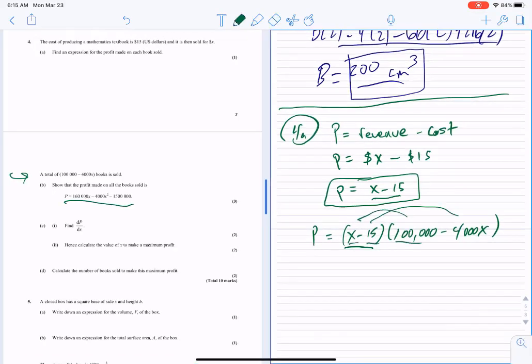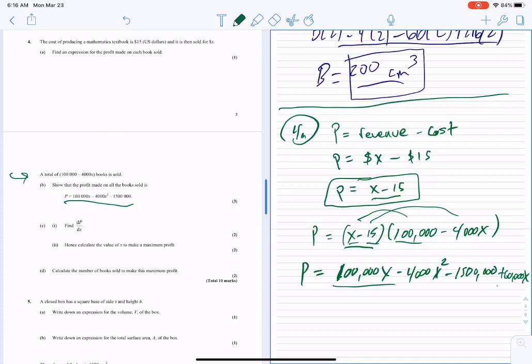So we'll go ahead and do this foiling operation here. x times 100,000 is 100,000x. x times negative 4,000 is negative 4,000x squared. Negative 15 times 100,000, we could call that negative 1,500,000. Most people would call that 1.5 million, but either way. And negative 15 times negative 4,000. I know that 4 times 15 is 60, so it's going to be plus 60,000x, okay?